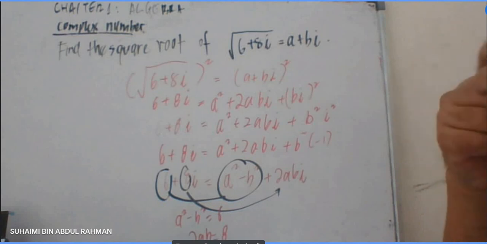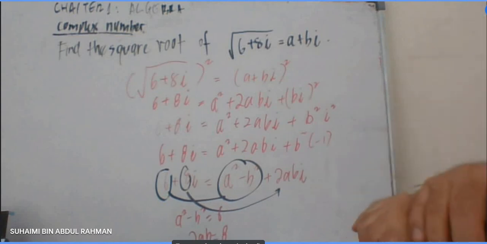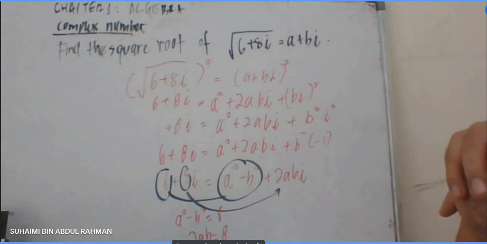We can find using simultaneous equation again the value of a and the value of b.